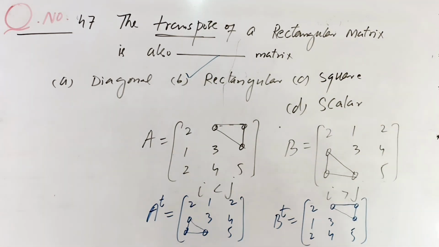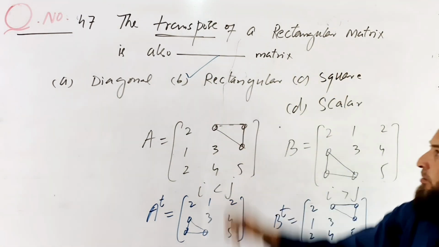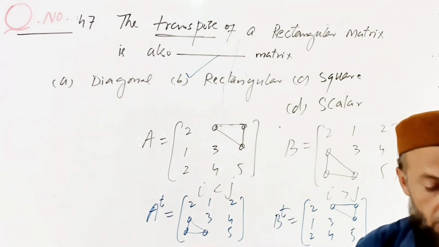The correct answer is: the transpose of any rectangular matrix is also a rectangular matrix.